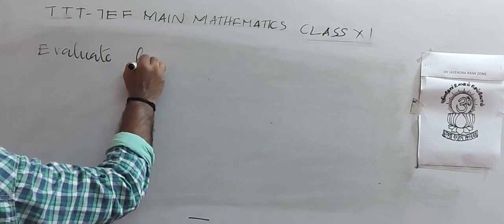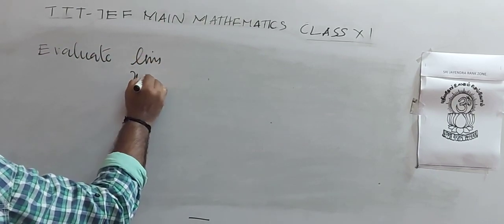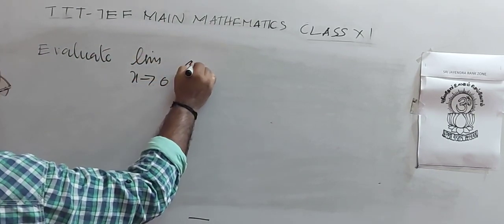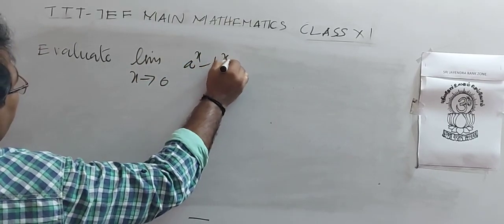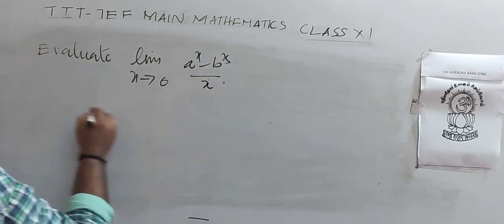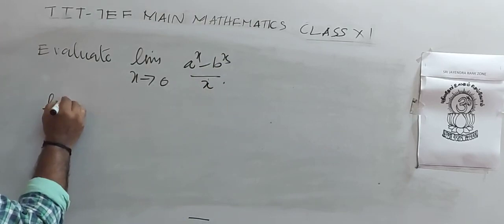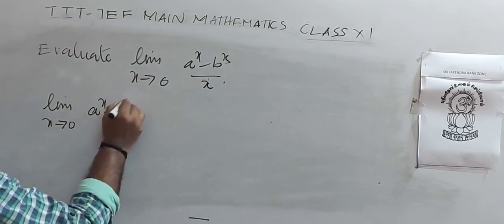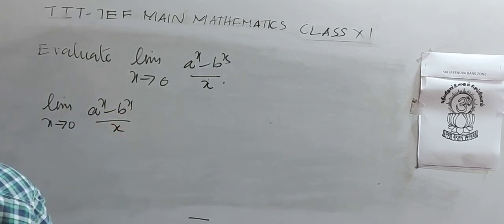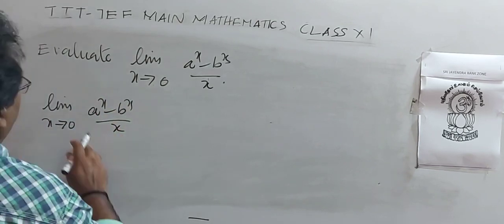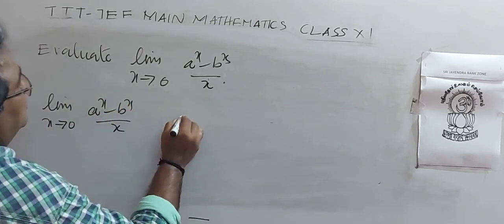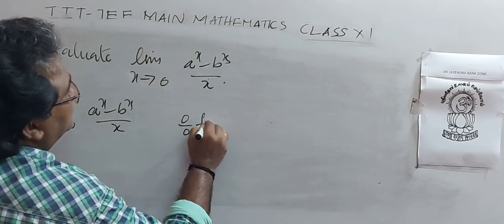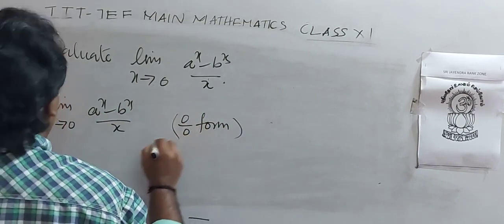Evaluate limit x tends to 0 of (a power x minus b power x) by x. If you apply 0, a power 0 is 1, 1 minus 1 is 0, so 0 by 0 form.